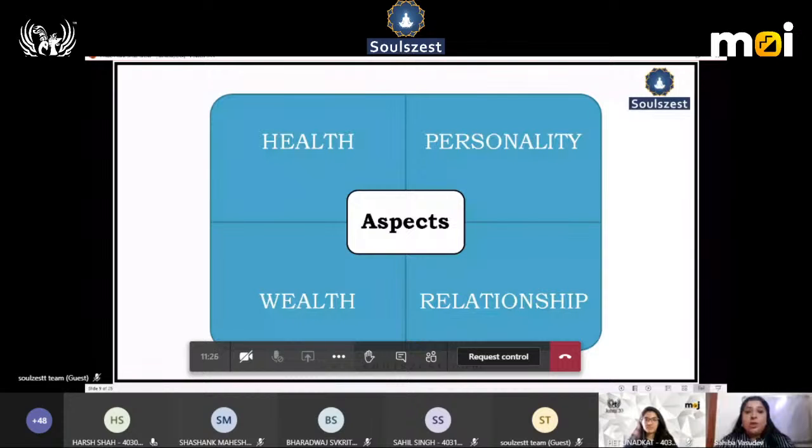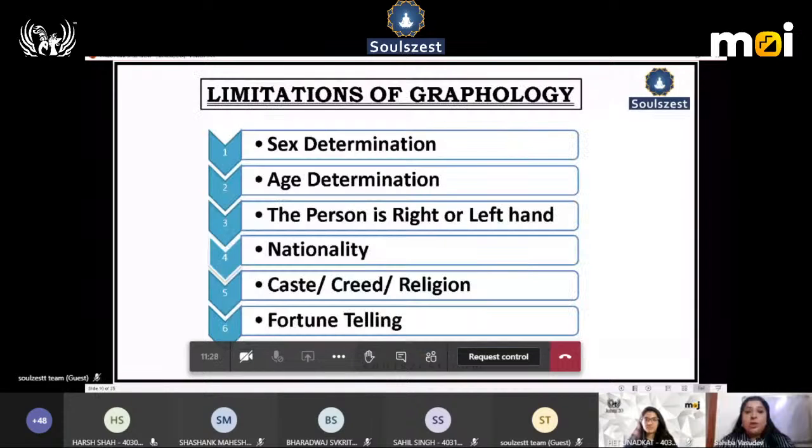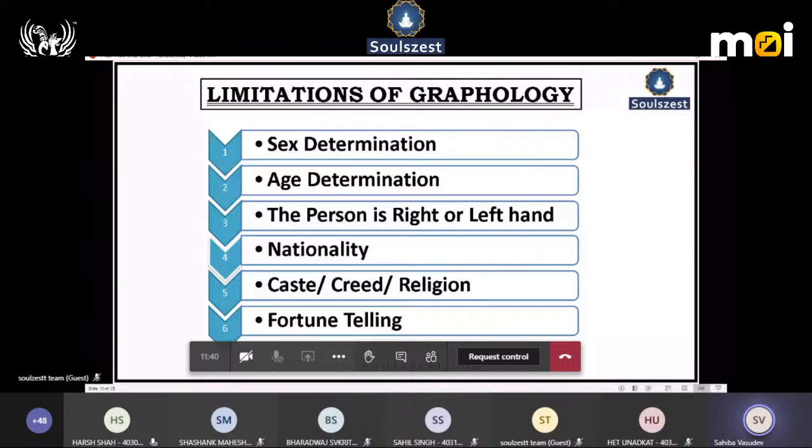So, limitations of graphology. What is there that we cannot analyze? One is sex determination. People do ask why sex determination cannot be analyzed. Have you ever heard of yin and yang energies? Every female has a masculine energy and a female energy, and every male has a female and a masculine energy.